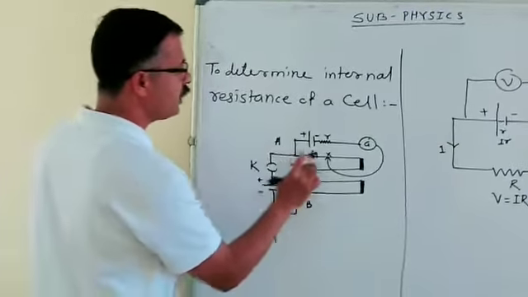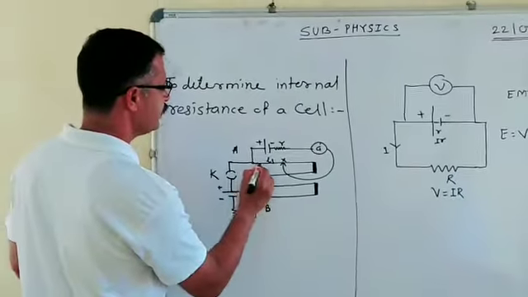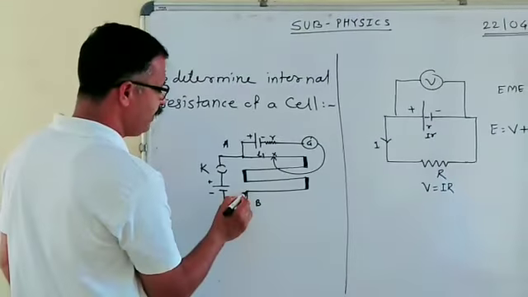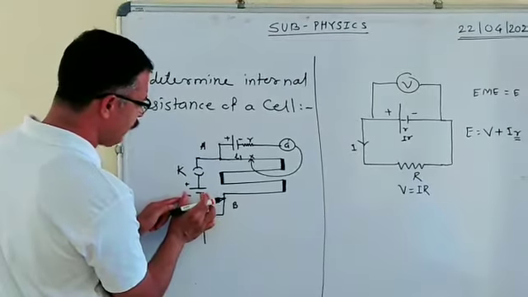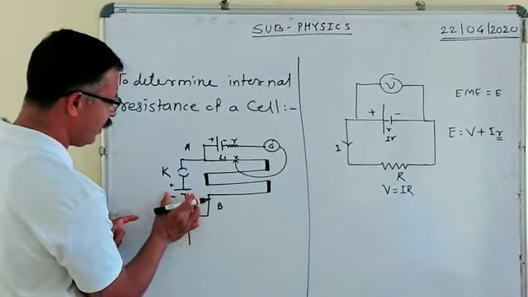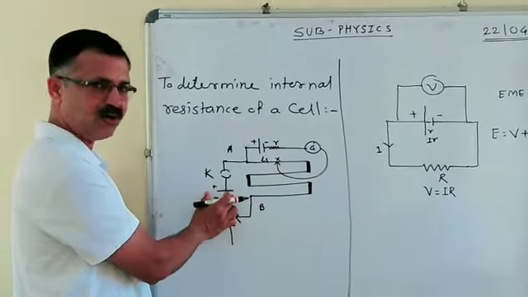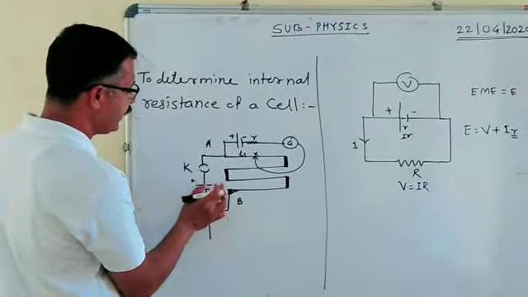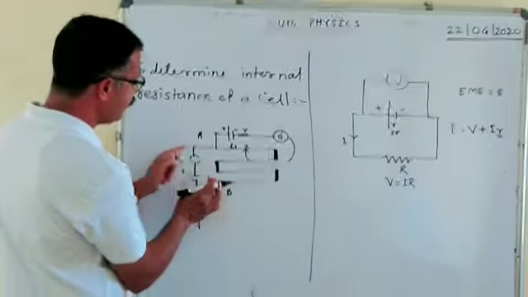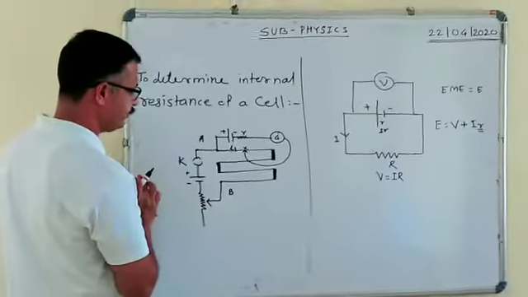This is a potentiometer. Wire AB, across which a potential difference is applied due to this battery, is called the source battery or auxiliary battery. Now this battery is connected across this AB wire through a key and rheostat.